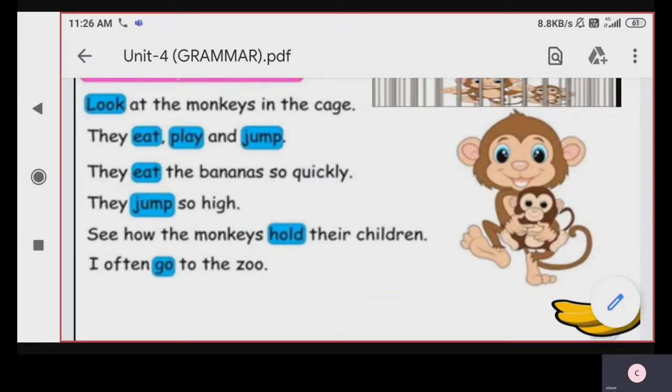Children, here the verbs are look, eat, play, jump, hold, and go, which are highlighted in blue. These verbs tell that the actions are done in the present.